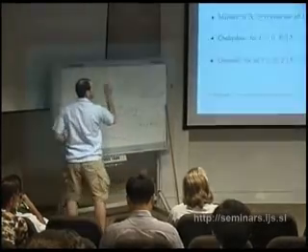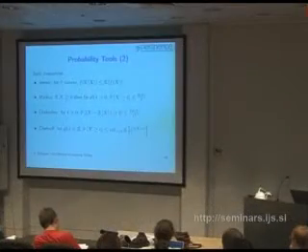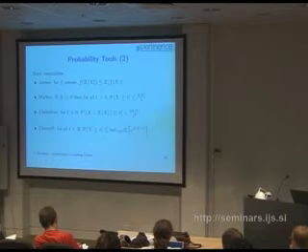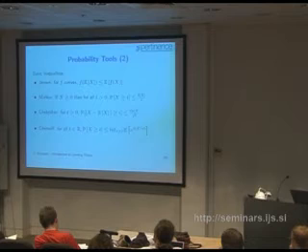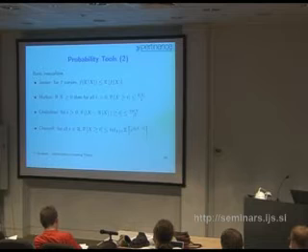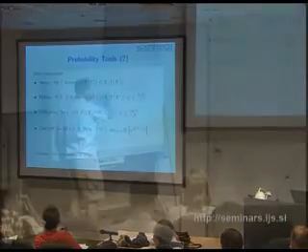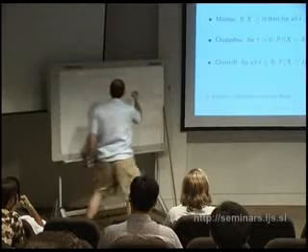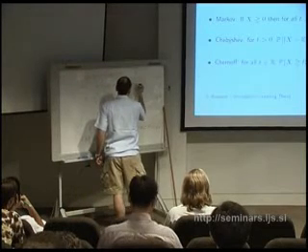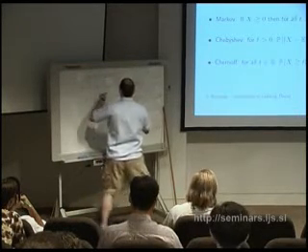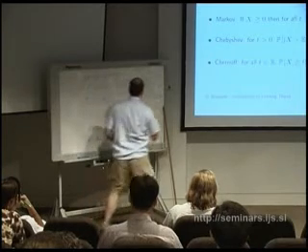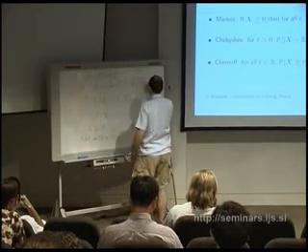Because this quantity is non-negative, it's easy to see that the probability that this quantity is larger than something is the same as the probability that the square of this quantity is larger than the square of this something. Of course, it would not be true if we don't take the absolute values.